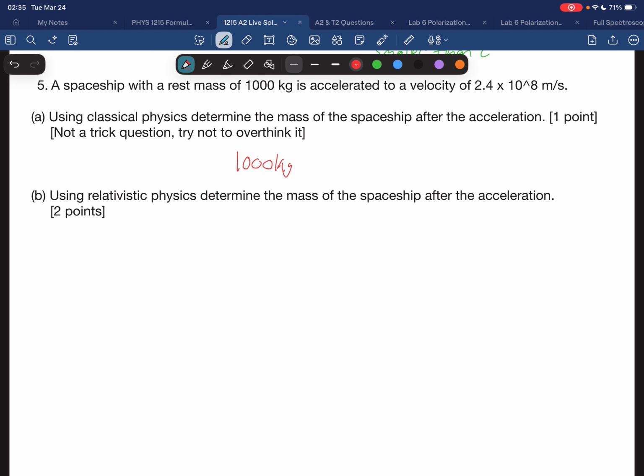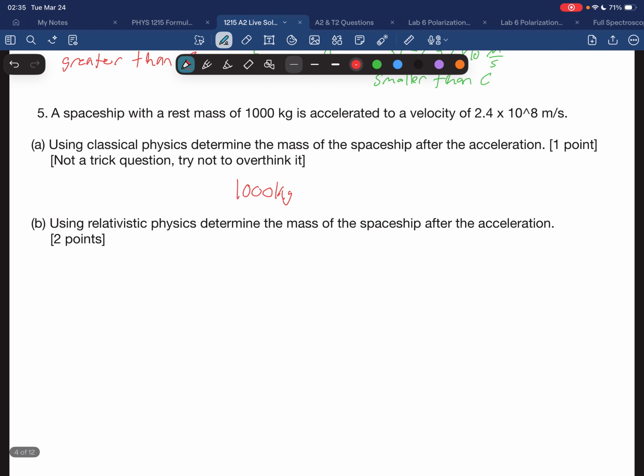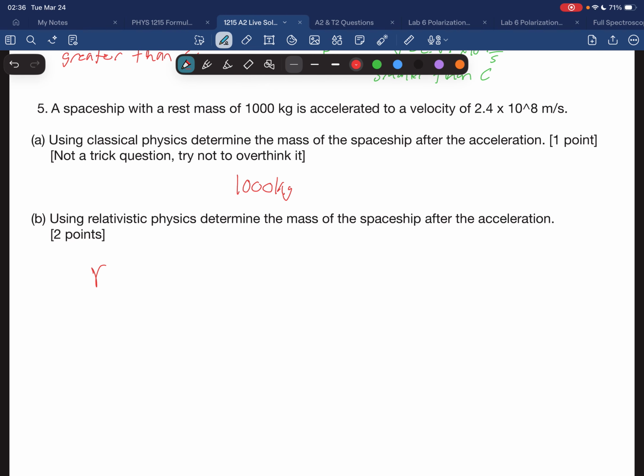Part B, using relativistic physics, determine the mass of the spaceship after the acceleration. So, our solution here, there it is, we are going to take a look at gamma. 1 over the square root of 1 minus v squared over c squared. There we go.